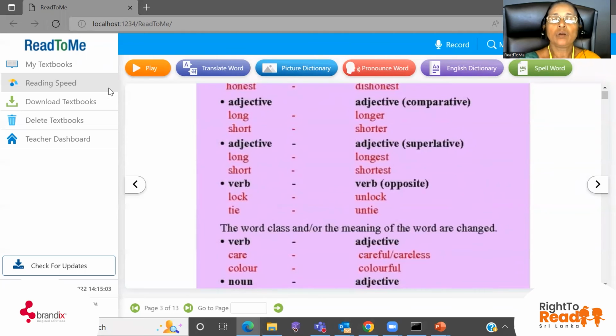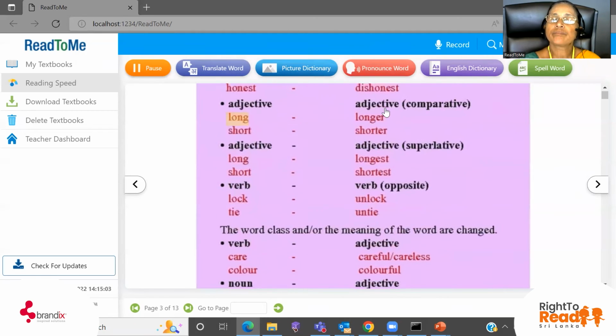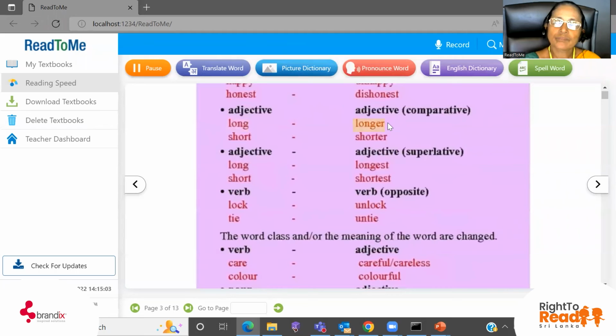Long, longer, short, shorter. In the same way, we can use the superlative of the adjective: long, longest, short, shortest.